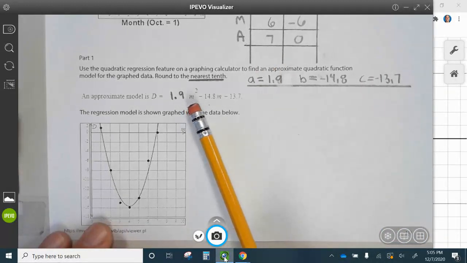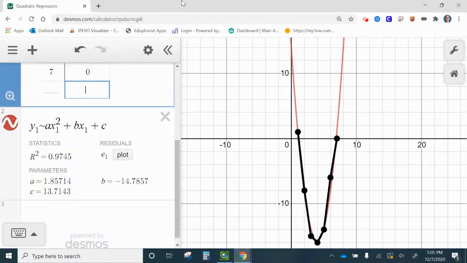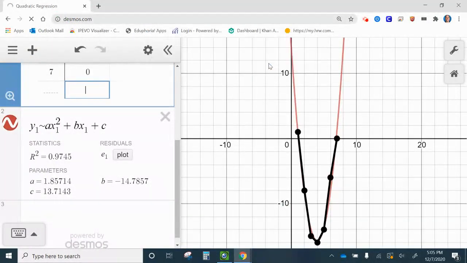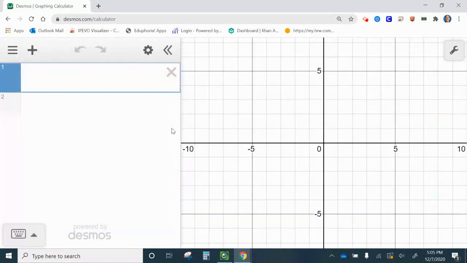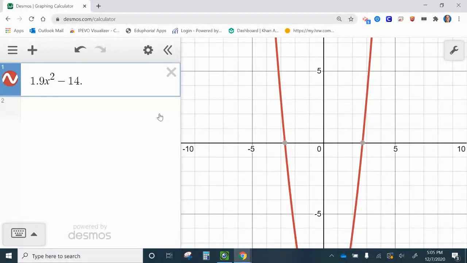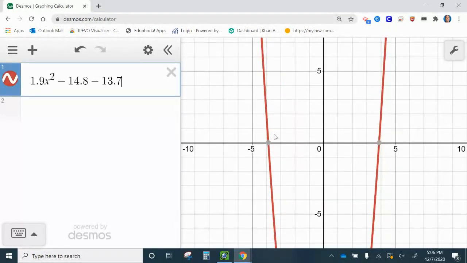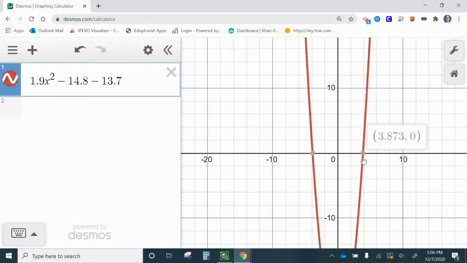Now, when you graph this in Desmos, you can't use M, so you have to use X. So, go to desmos.com. And we don't use D either, we use Y and X. So, we can type in 1.9x squared minus 14.8 minus 13.7. Let's see that. Wait.